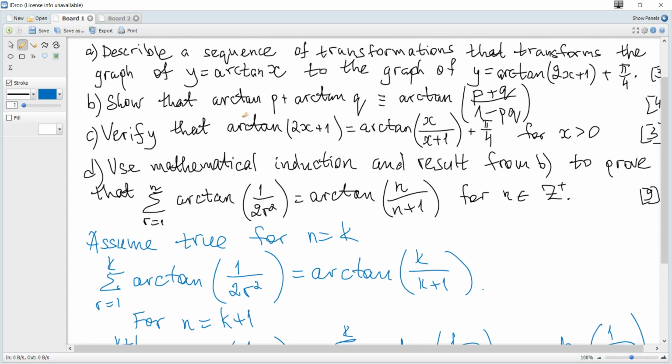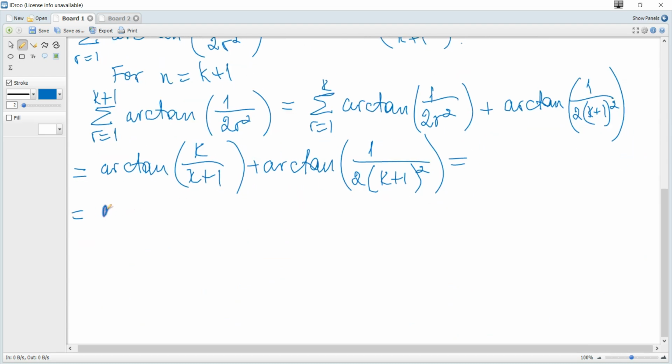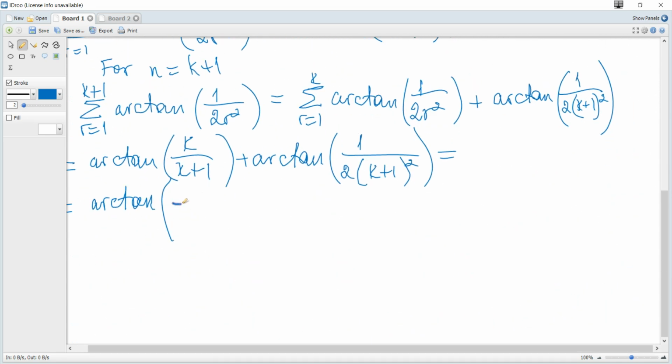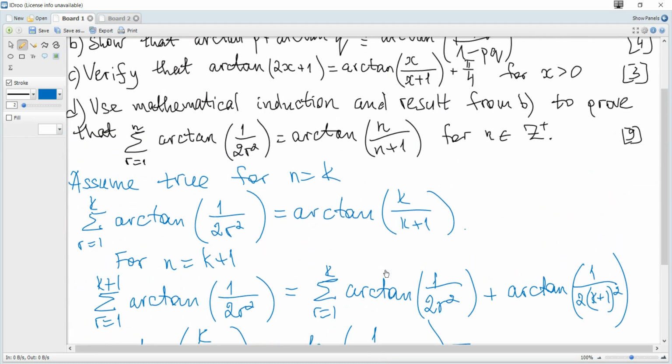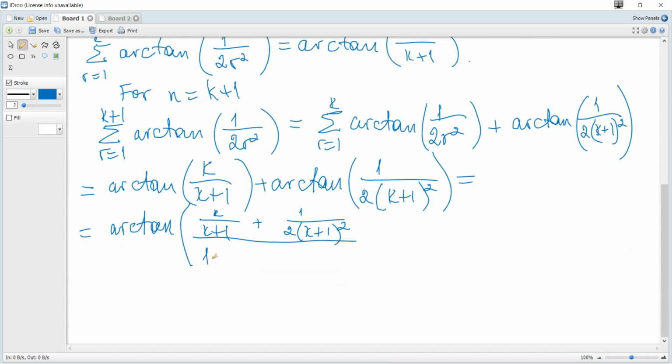So the sum of two arctangents is equal to arctan of the sum in the numerator, so it becomes k over k plus 1 plus 1 over 2(k plus 1) squared, divided by 1 minus the product, 1 minus k over k plus 1 multiplied by 1 over 2(k plus 1) squared.